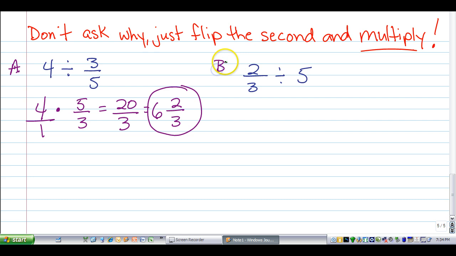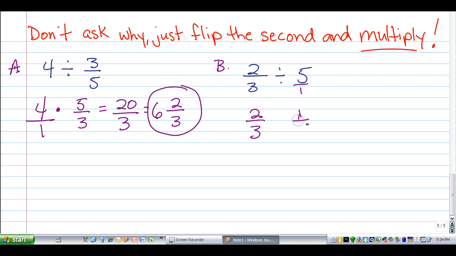Let's take a look at this one where the whole number is the second fraction. So 2/3 divided by 5. Don't ask why, just flip the second and multiply. Alright, so that means we leave the 2/3 alone. And remember, all whole numbers have a 1 underneath, so when I flip it, that 1's going to go on top.